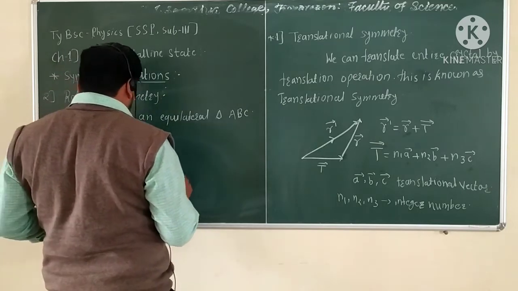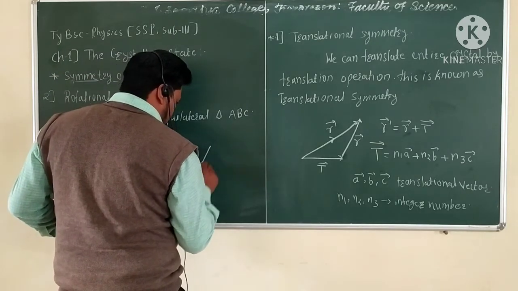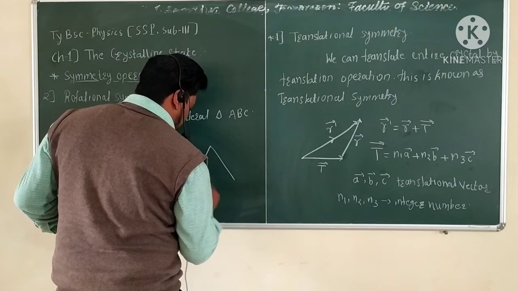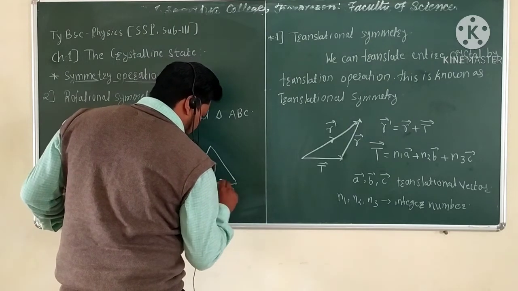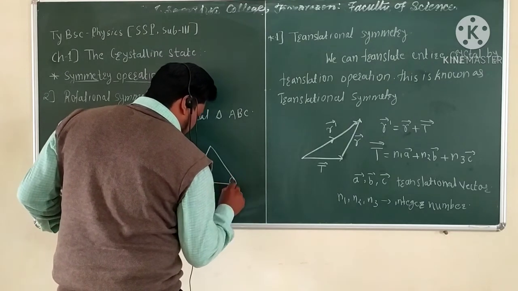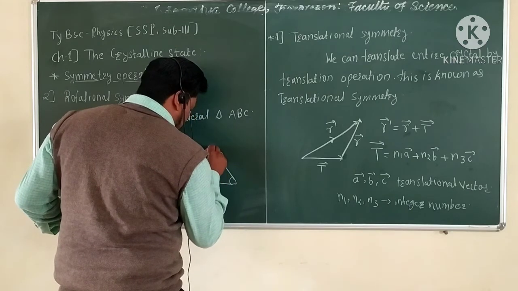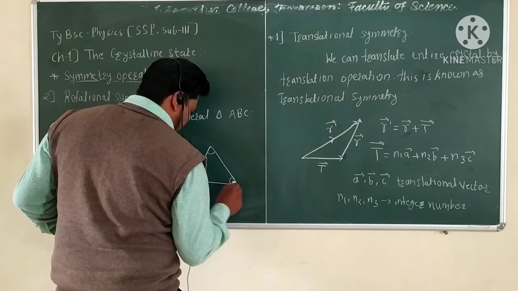The equilateral triangle is rotated by 120 degrees, with identical atoms situated at each corner.